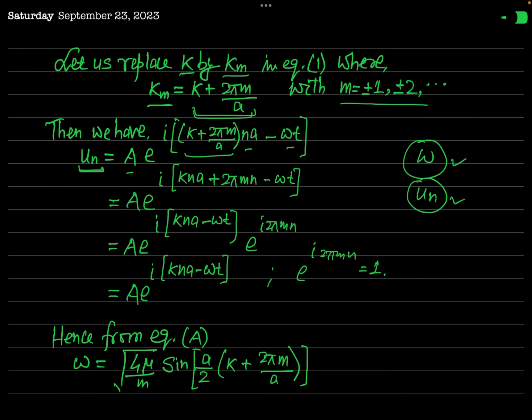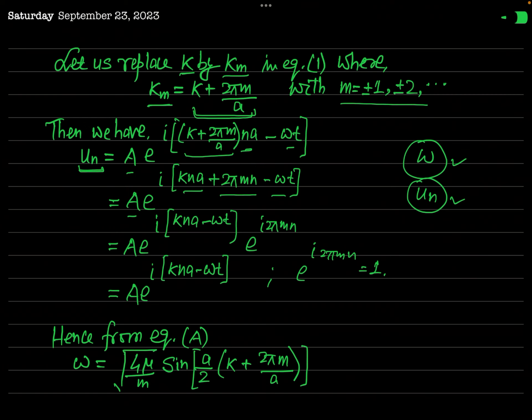Let us now simplify the RHS of this equation. You can see this can be written as a times e to the power i kNa plus 2 pi mn minus omega t. I have simply multiplied this factor k plus 2 pi m over a by Na.